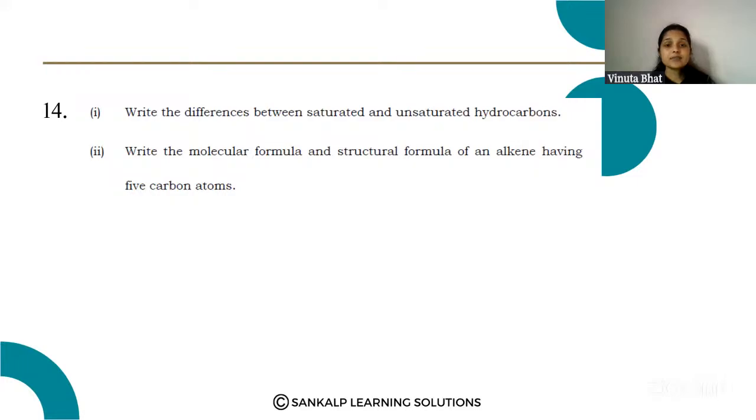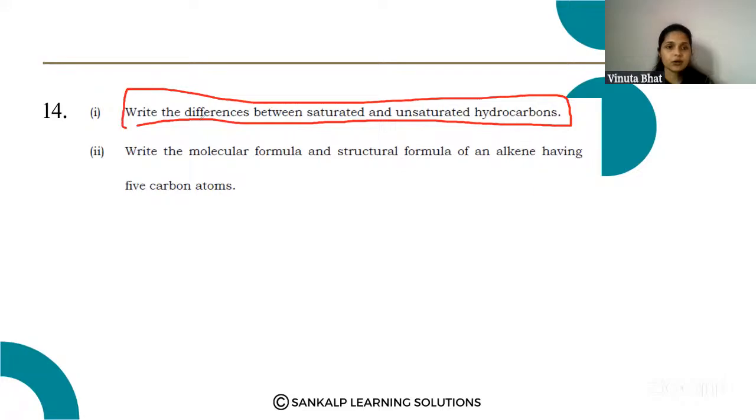Write the differences between saturated and unsaturated hydrocarbons, and write the molecular formula and structural formula of an alkene having 5 carbon atoms. The differences between saturated and unsaturated hydrocarbons we have studied already.